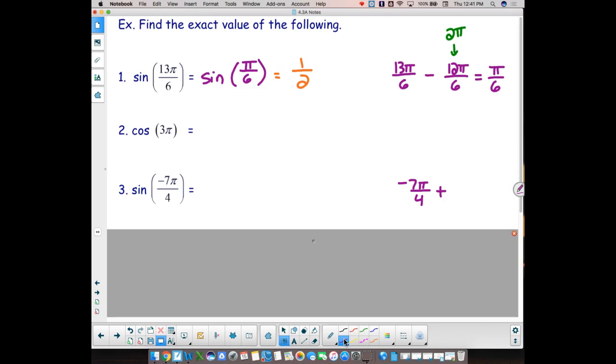In this case, my 2 pi is going to look like 8 pi over 4. So the sine at negative 7 pi over 4 is the same as the sine at pi over 4, which is the square root of 2 over 2.